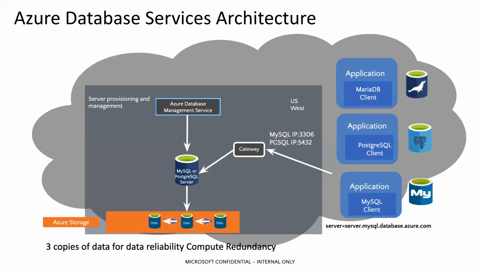By default, to maintain redundancy and provide data protection, the data files are replicated 3 times at any given point in time on the storage. So if there is any kind of storage failure, we automatically spin up new storage and replicate the data. That is how we ensure your data is protected at all times.